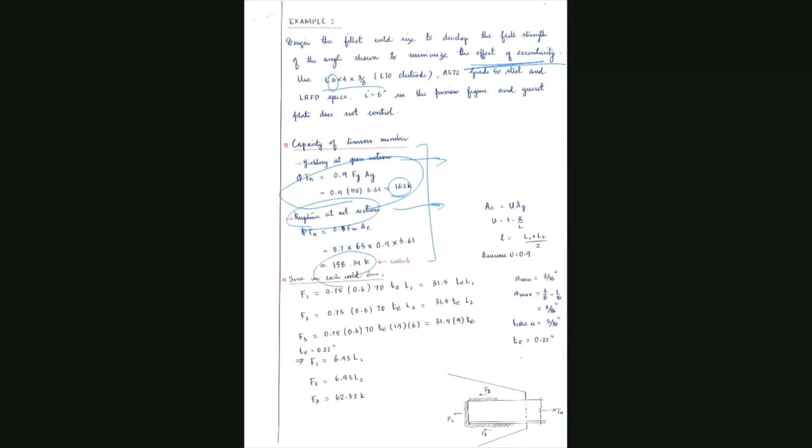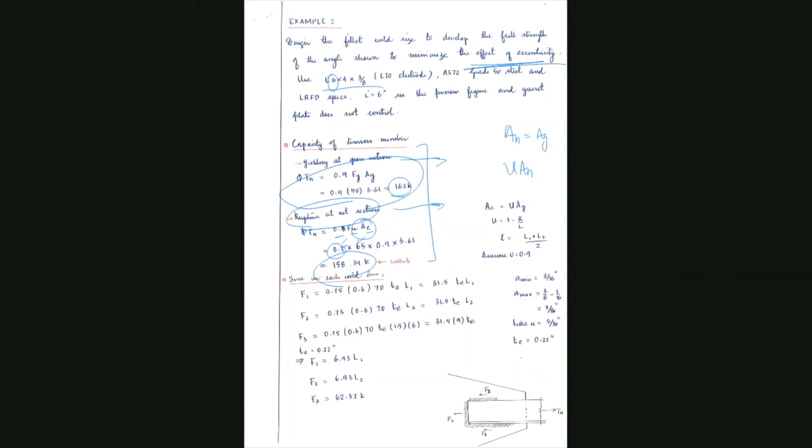The thing that you need to note here is it is 0.75 F_u A_e. You know F_u. Now A_e is U times A_n. This is a welded connection, so your A_n equals A_g, because you do not have any loss in cross section because of bolt holes.